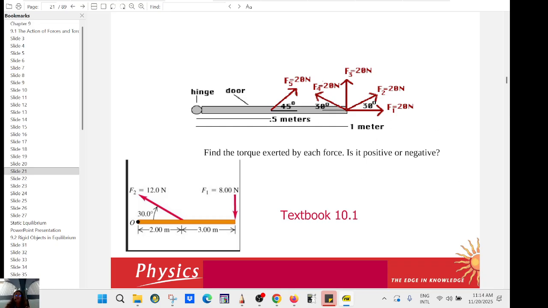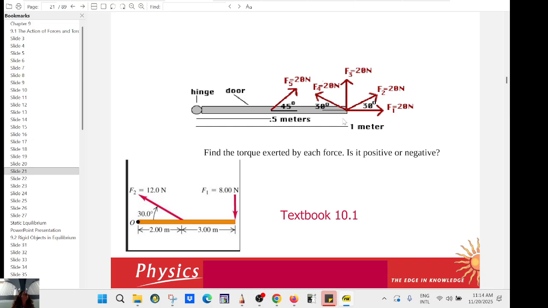Okay, so let's go back to torque. What will be the torque applied by the force F1? 0. Do you all agree? The torque applied by F2, what do you multiply? It will be sine 30 times 20, and times 1.